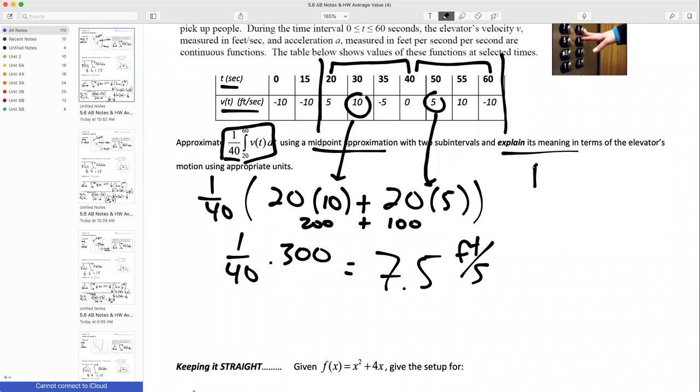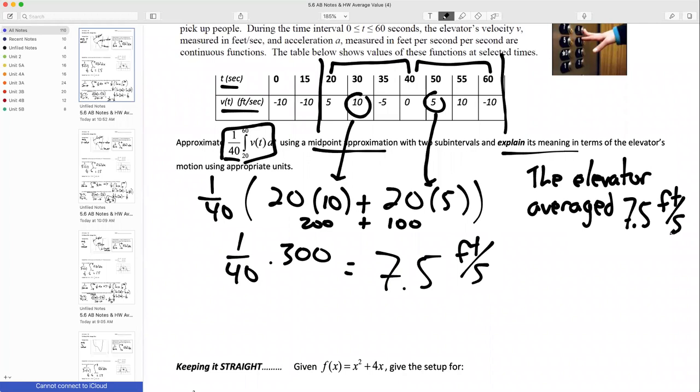So I can say the elevator averaged 7.5 feet per second from t equals 20 to t equals 60 seconds.